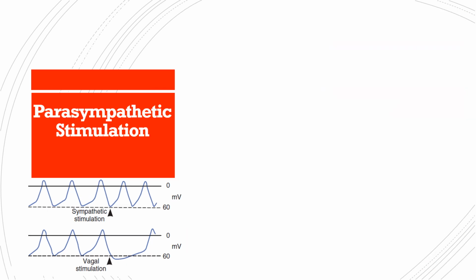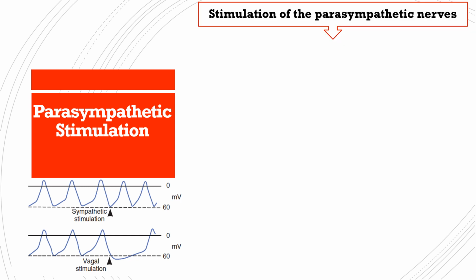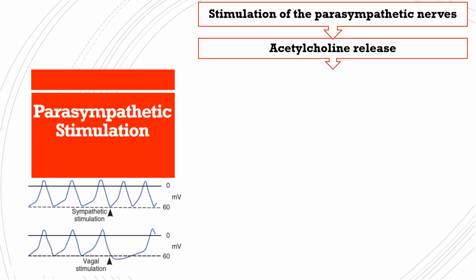The stimulation of the parasympathetic nerves results in release of acetylcholine at the SA nodal nerve endings. Acetylcholine, after release, binds with the muscarinic receptors.